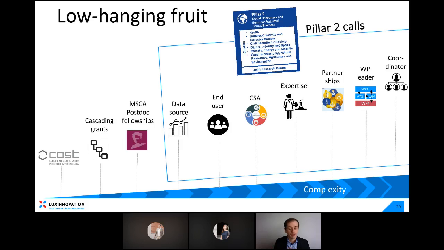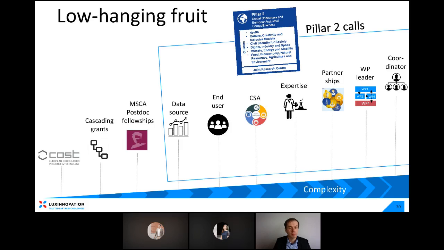You can provide your expertise as scientists or as industry, but then you can become more involved. You can become a work package leader, or at the end, then even the coordinator of the project.